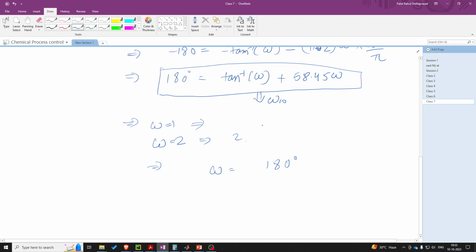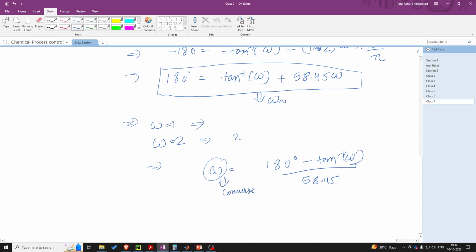So you can just write it as 180 degree minus of tan inverse omega upon 58.45, and then you can start by again randomly putting the value of omega something over here, then you can get some value of omega, then again put it over here, and keep this iteration until the value of omega converges.